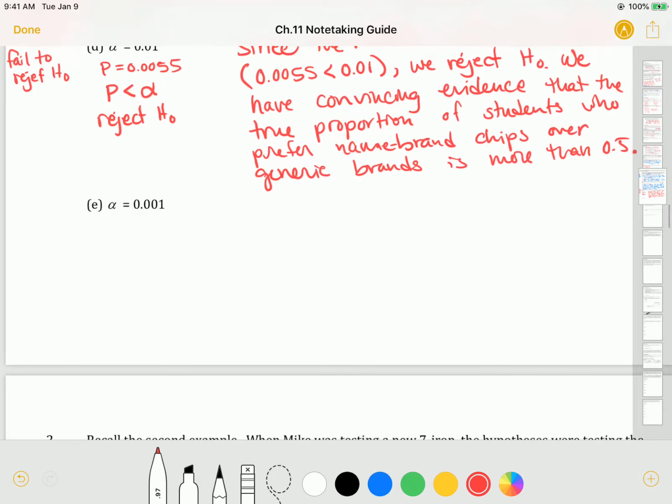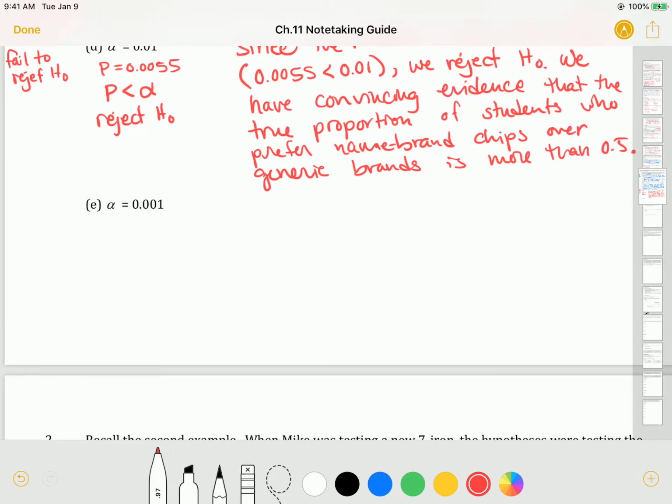Now let's look at what would happen if our alpha level changed to 0.001. So if our p-value is 0.0055, now this changes our conclusion because now p is greater than alpha. And that means that we are going to fail to reject H0. So the conclusion is going to be very similar with some slightly different vocabulary.